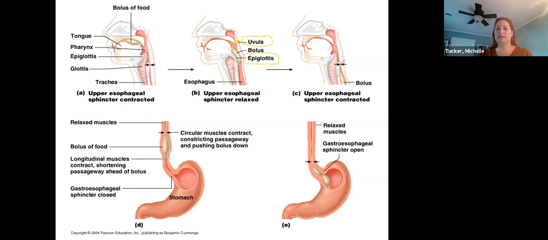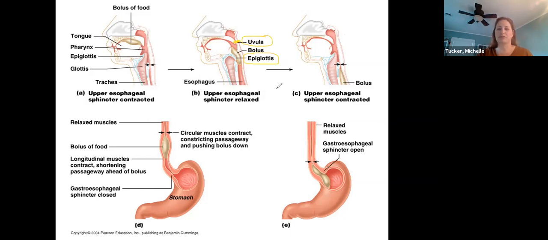Once food has passed through the upper esophageal sphincter, the epiglottis is going to return to that upright position, reopening the trachea. The uvula moves back down, reopening the nasal passageways so that we can breathe either through our nose or our mouth, and air will make its way down the respiratory tract.